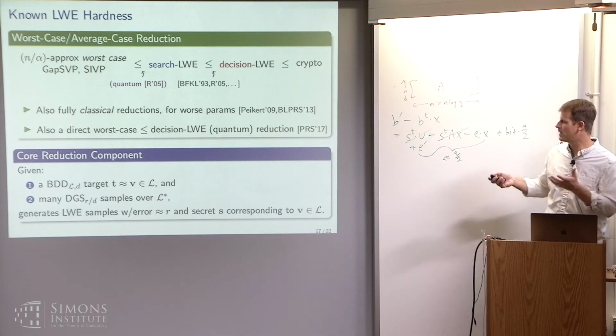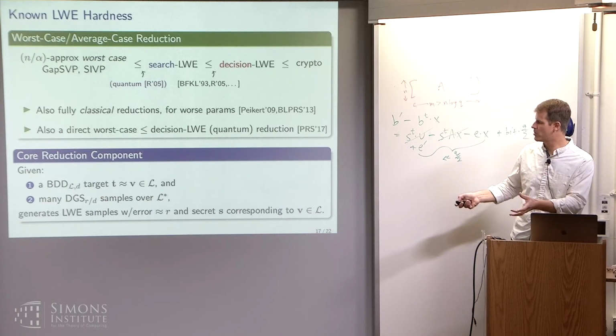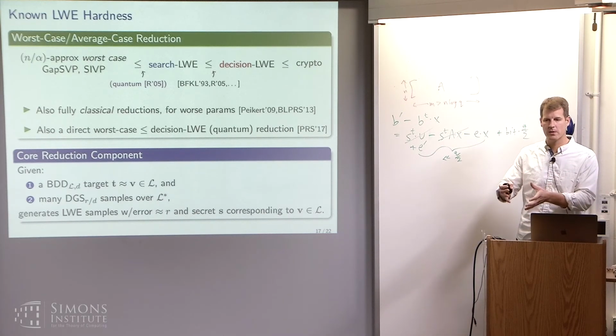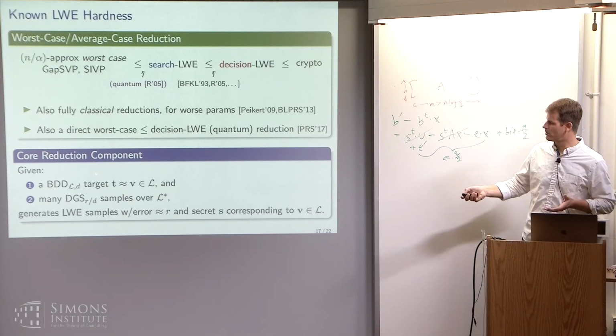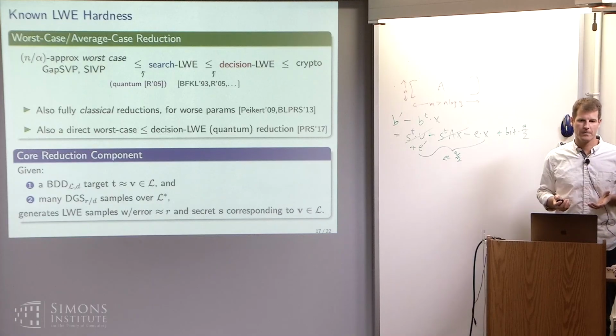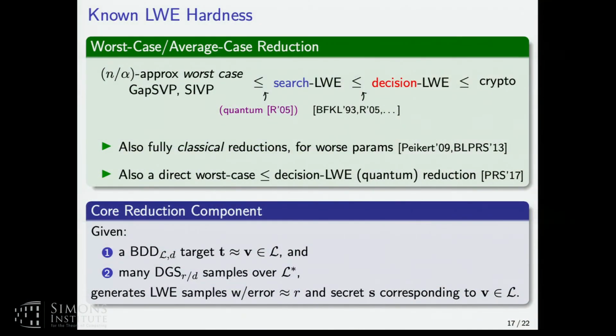You can take your BDD instance, run it through this machine, get LWE samples, solve LWE, and that tells you what the original BDD solution was. So that's why this is a useful reduction. And indeed, it's worst case to average case. This lattice is arbitrary, but these are legitimate, properly distributed LWE samples. Okay, so that's the core component.